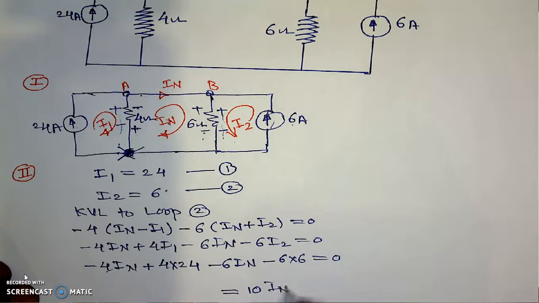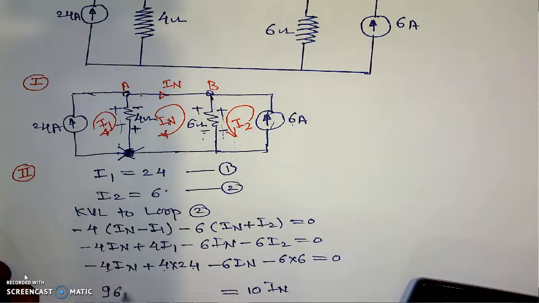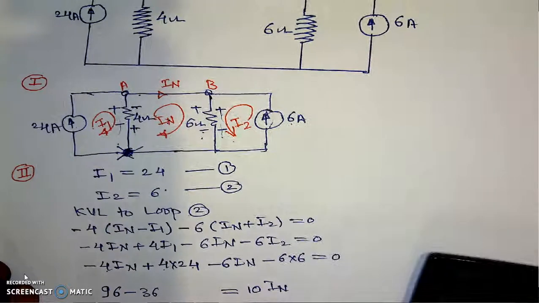On the left hand side, this is 24 into 4, its value is equal to 96. Means here it is 96 minus 36, this is minus 36, 60.